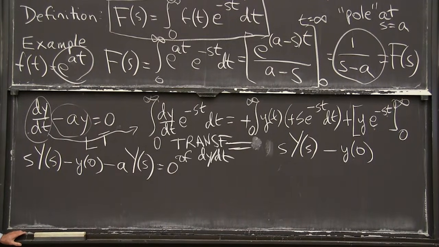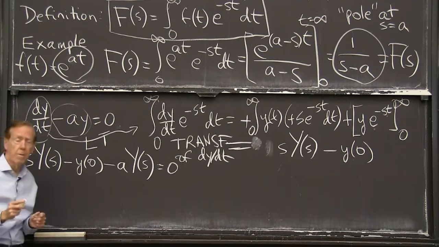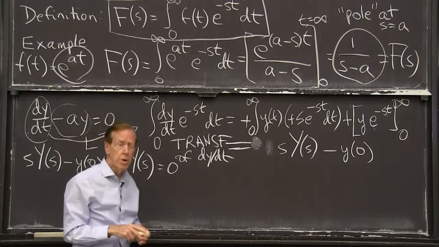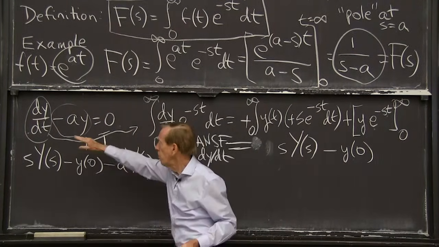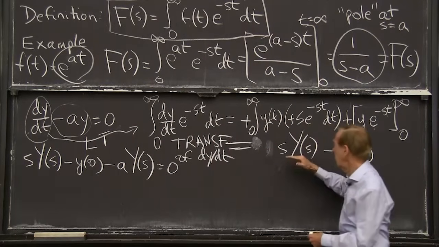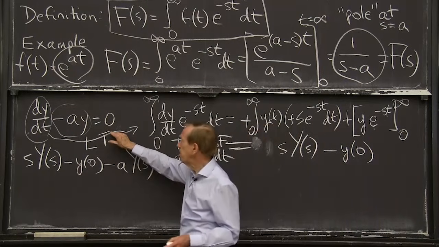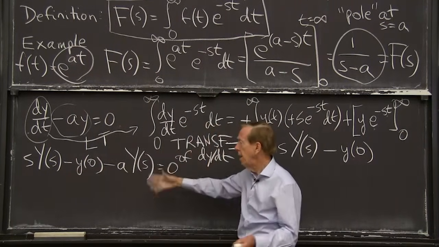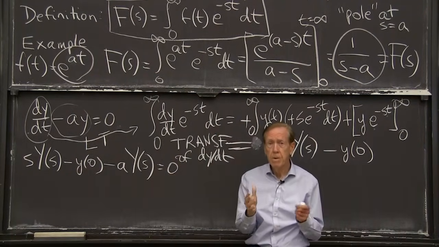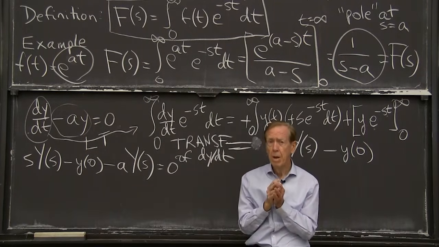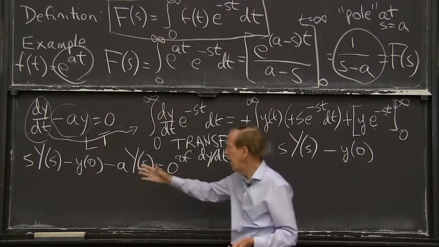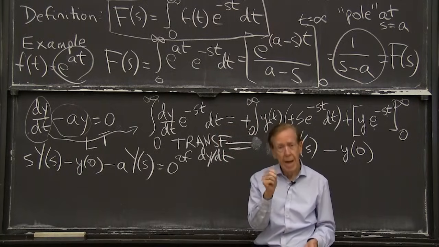Do you realize what we've done? I've taken a differential equation and I've produced an algebra equation. That's the point of the Laplace transform, to turn differential equations, derivatives, into multiplications, algebra. So all the terms turn into that one, and that's big step one. Transform every term. Get an algebra problem for each s.